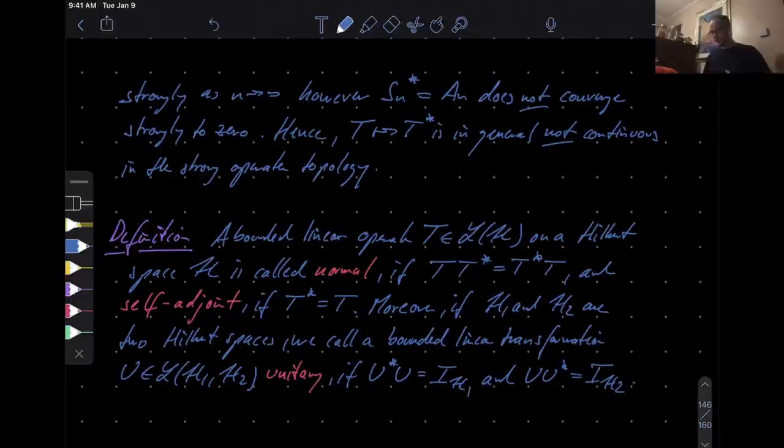Okay, so we call a bounded linear transformation unitary if you compose the transformation with its adjoint, once from the left, once from the right, and you get the identities on the respective Hilbert spaces. These are the unitary ones. Okay. Again, in linear algebra, these would be unitary matrices, or if you are playing around with matrices with real entries, those are orthogonal matrices.